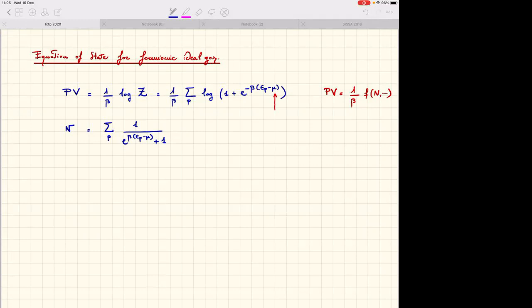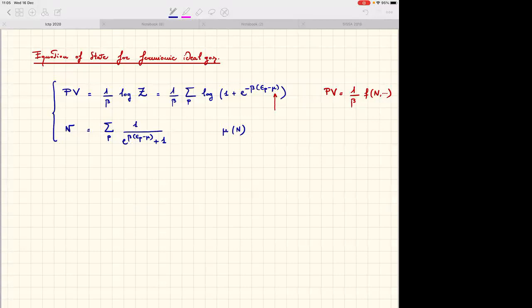Okay, so now in principle, the way you proceed is by taking these two equations. You solve mu as a function of n in the second equation, then you substitute in the first and you have the equation of state.